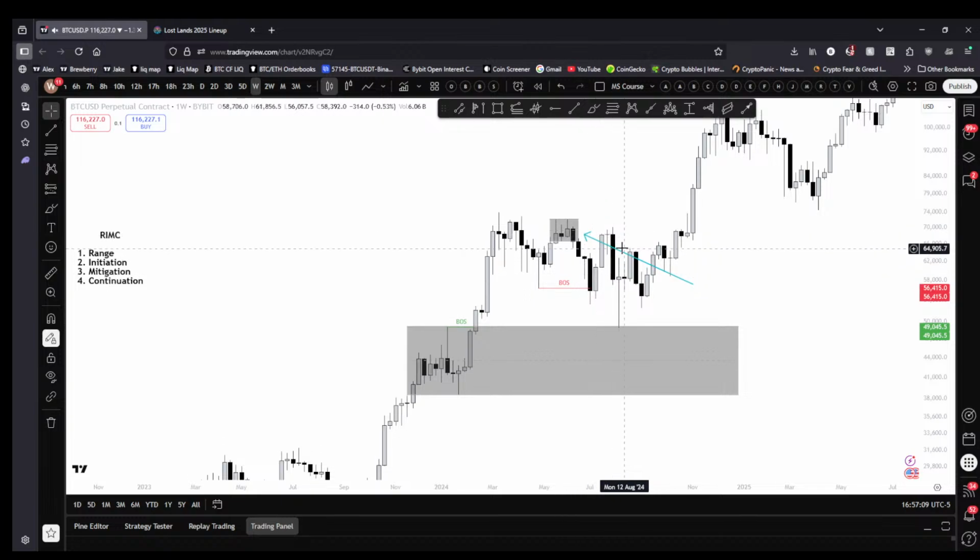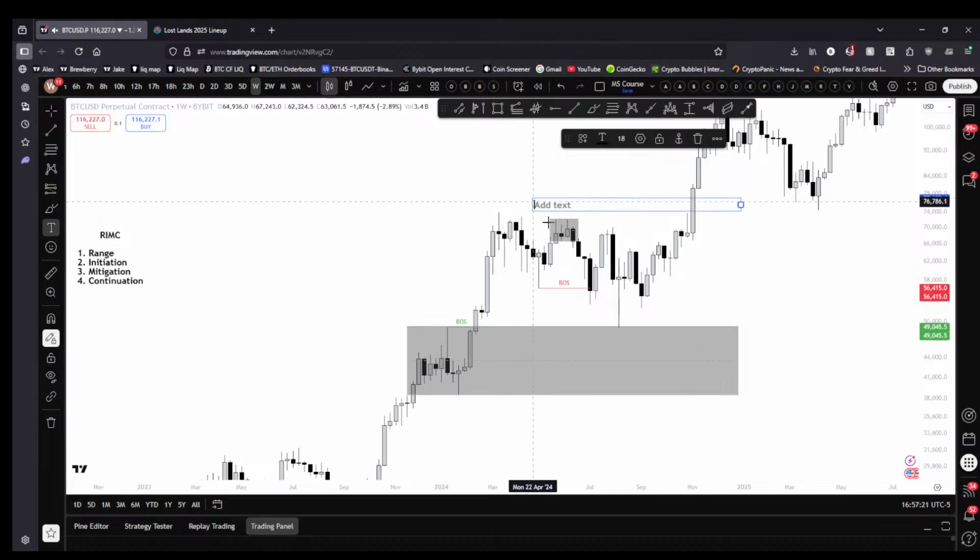Right? So should the price return to this area to mitigate it, we would expect a continuation to the downside. So in this instance, this would be your supply.